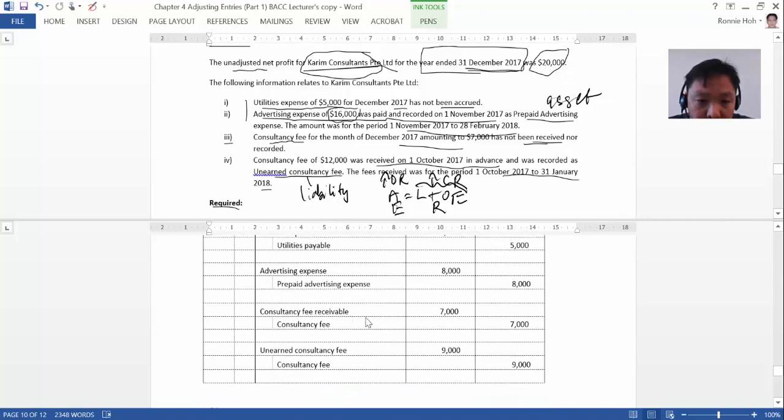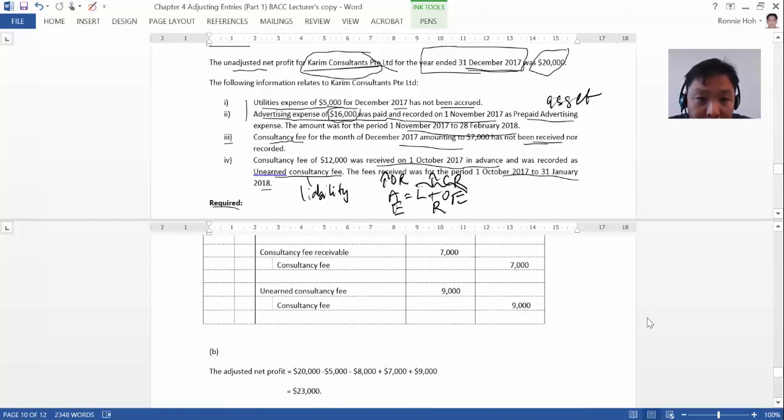Then the third adjusting entry is to recognize accrued revenue, whereby revenue is earned, so you credit, and you haven't received the money, so you debit the receivable. And the fourth one is to reduce the unearned consultancy fee and transfer it to the revenue account. So you debit the unearned consultancy fee and credit the consultancy fee.